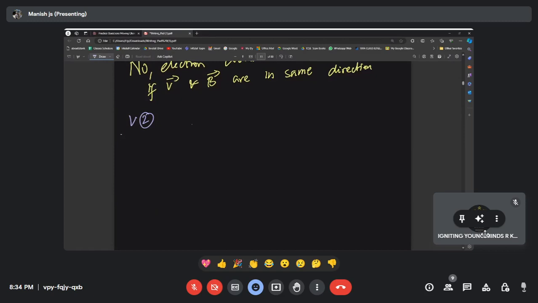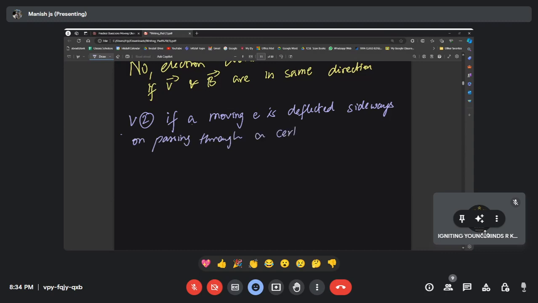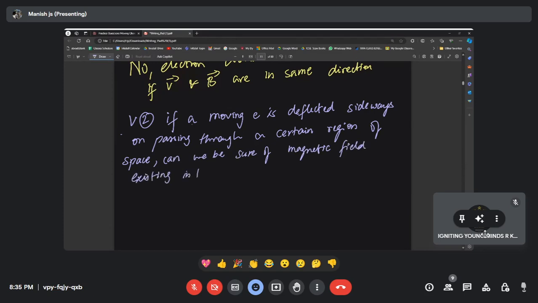Say now, if a moving electron is deflected sideways on passing through a certain region of space, can we be sure that a magnetic field exists in that region?